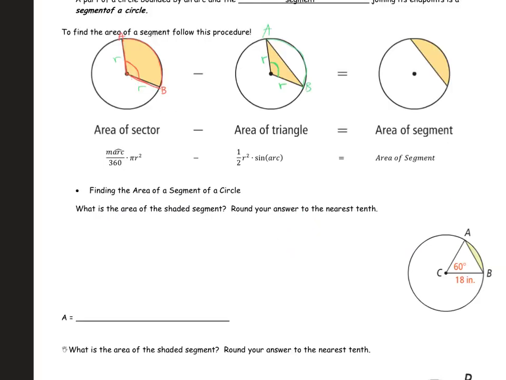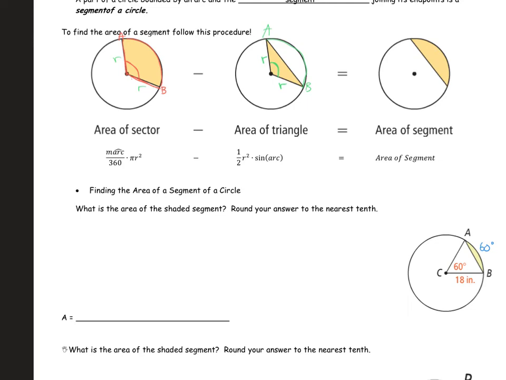We are asked, what is the area of the shaded segment? We are to round our answer to the nearest tenth. I have a 60-degree central angle, so arc AB is 60 degrees.